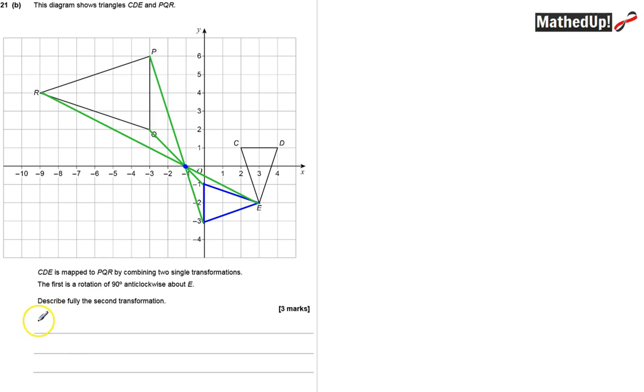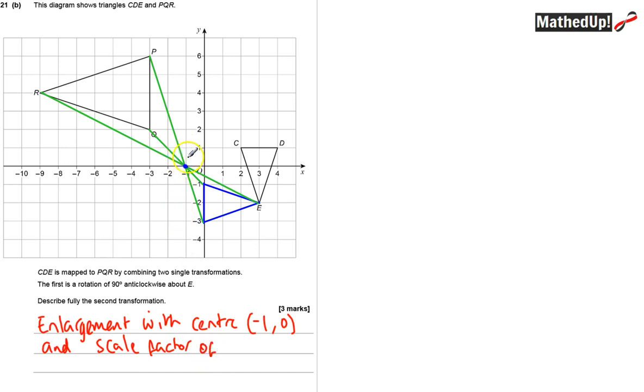So we can say that it's an enlargement with center, and our center we said is at (-1, 0), and a scale factor of, and we said that was going to be -2.